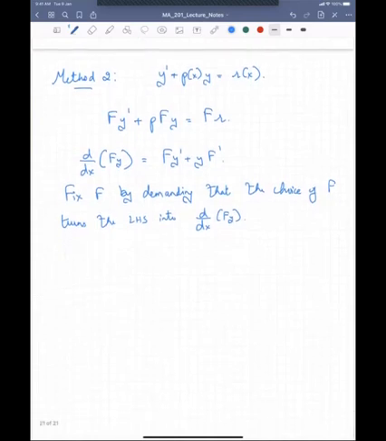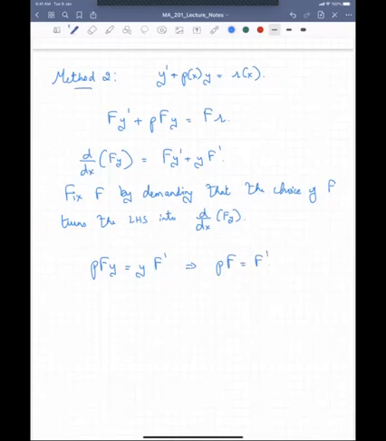Okay, which means that the term p f times y should be equal to y times f prime. This is the condition that f should satisfy in order that the left-hand side be called d dx of f times y. Okay, and since this has to be true for all values of y, I can turn this into an equation for f alone. p f equals f prime.